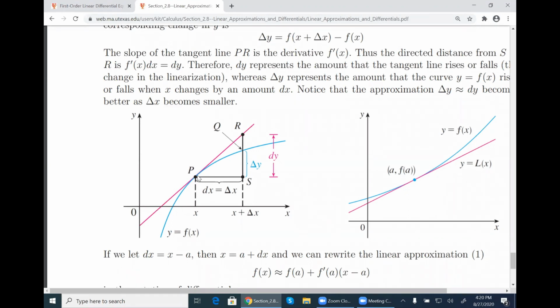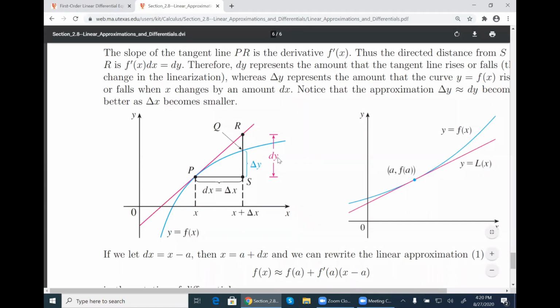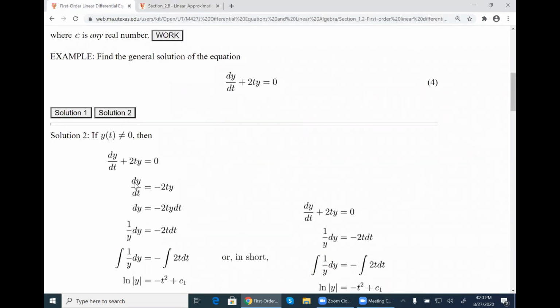But we know that slope of tangent line is equal to f prime. Conclusion, f prime is equal to dy divided by dx. Therefore, dy is equal to f prime times dx. This is exactly how we jump from here to here.